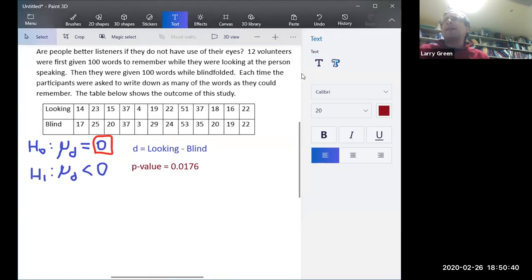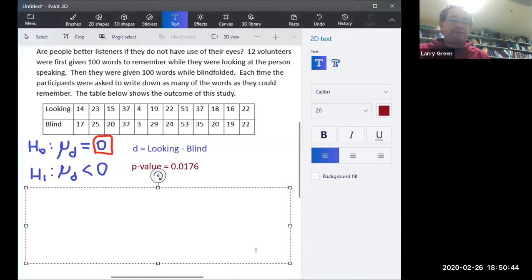So what does that tell us? What does it tell us when the p-value is 0.0176? What's that tell you?